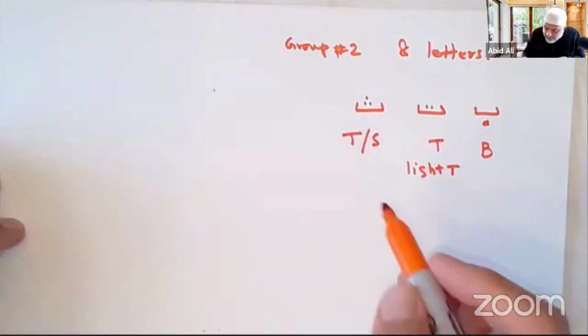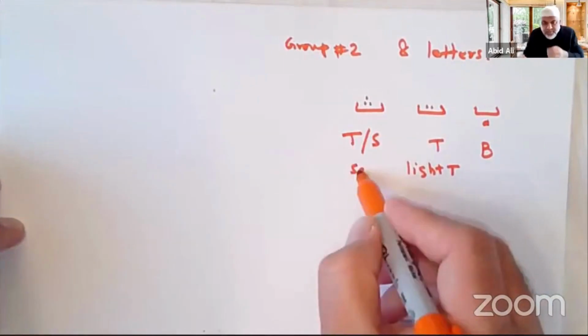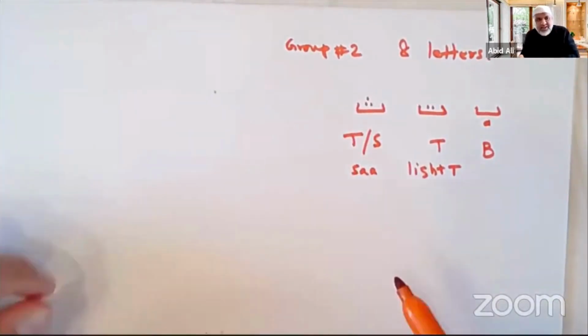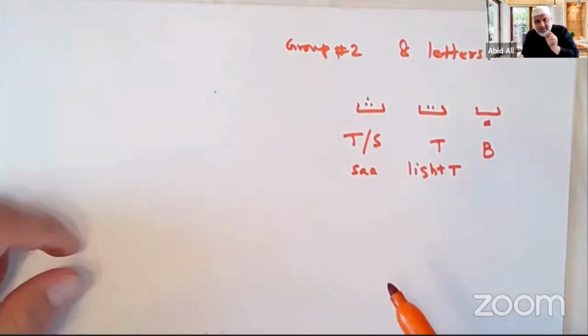Something like sa, and you have to get your tongue hitting the tip of your teeth, then it comes out sa, sa, sa.